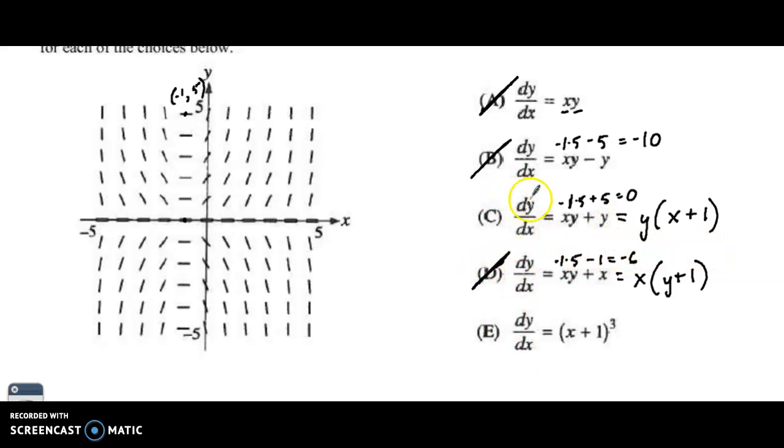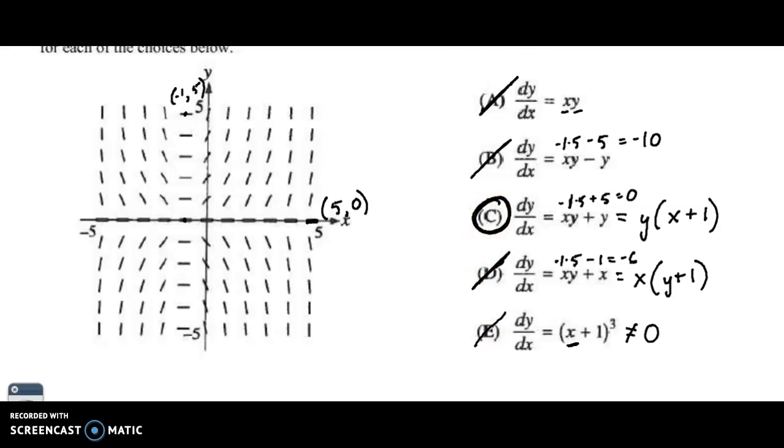Now that I've whittled this down to a couple good options, because E also works, you might want to find another time where you have horizontal slope fields. So like if I look at 5, 0, well, if x equals 5 on this one, I do not get a horizontal tangent there. So that's also a bad answer, whereas being able to factor out the y is definitely helpful.